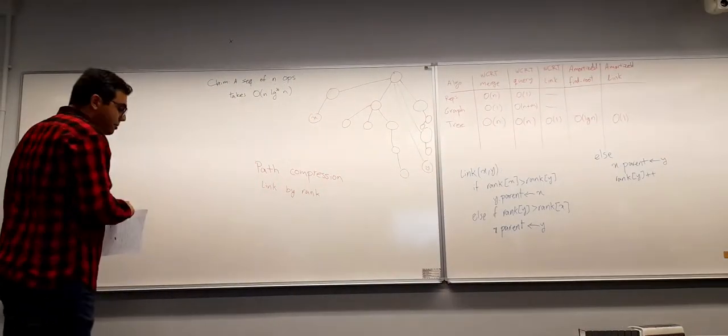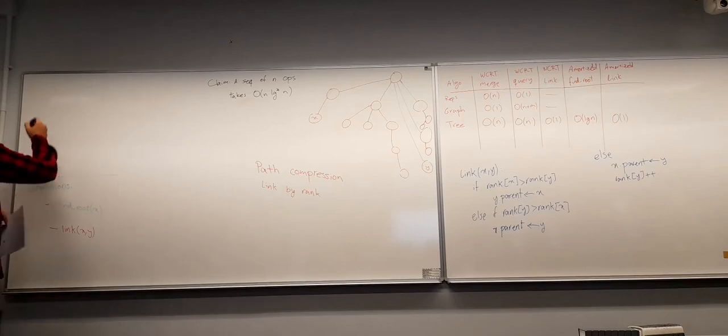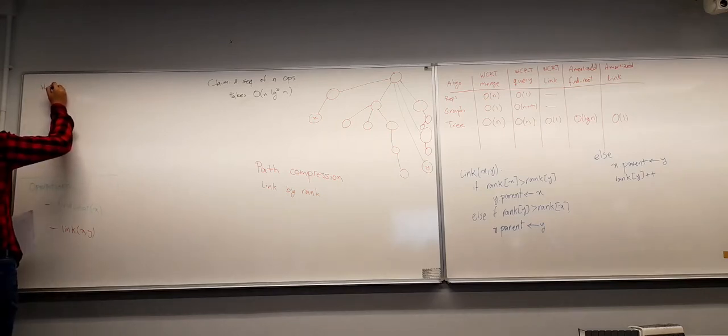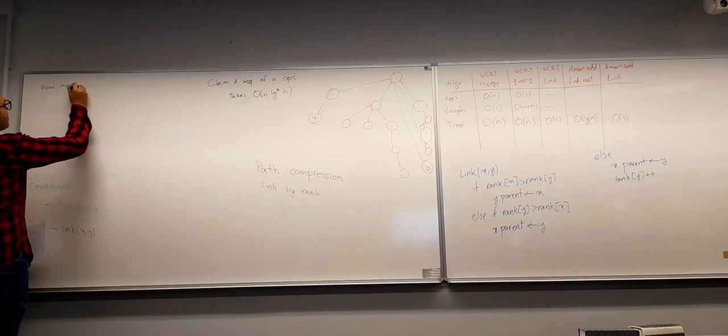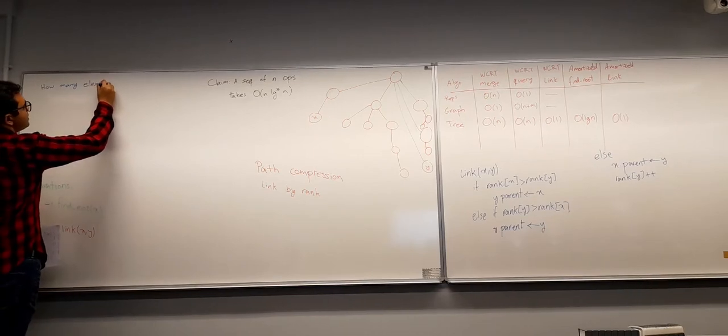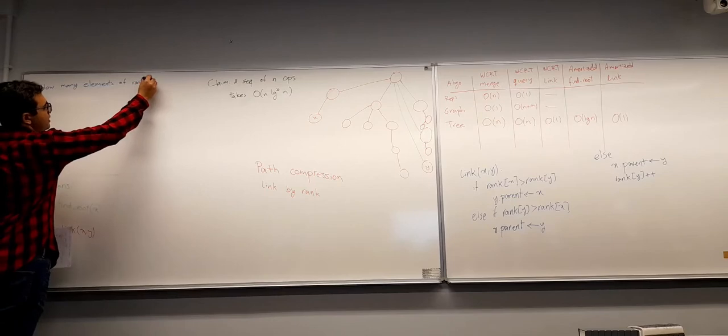Our first point was that we just proved that if an element has rank R, or whatever, rank K, then it has a subtree of size at least 2 to the power of K, right? So here's my question. How many elements of rank R can I have?